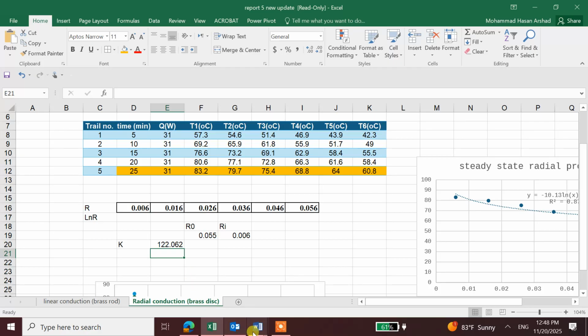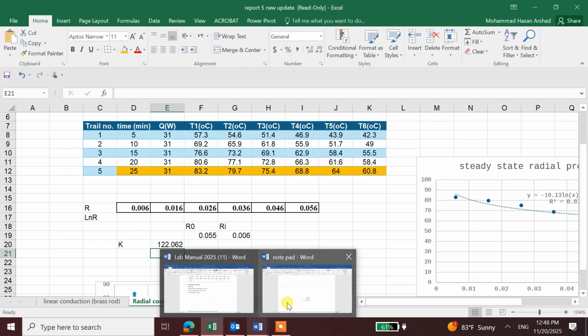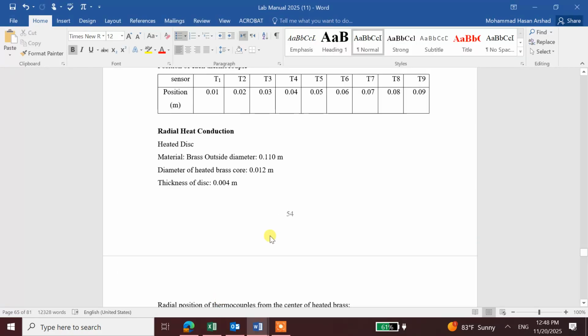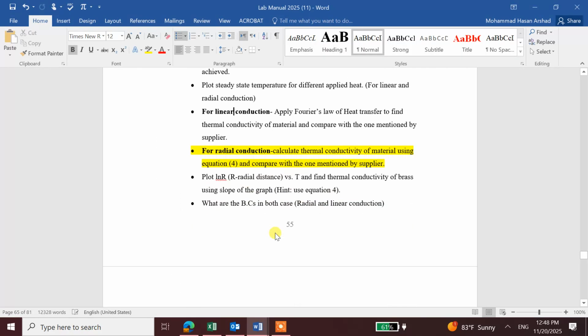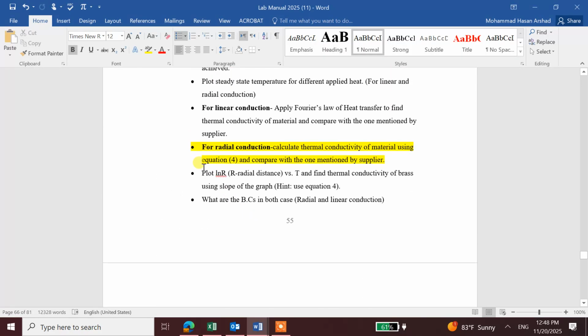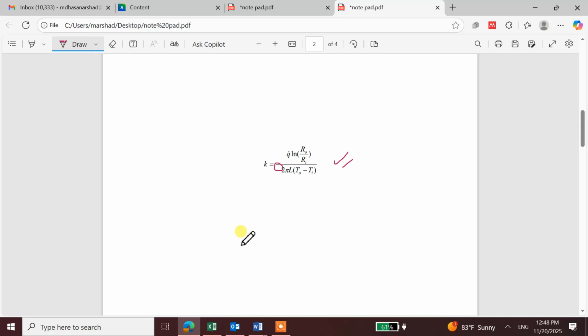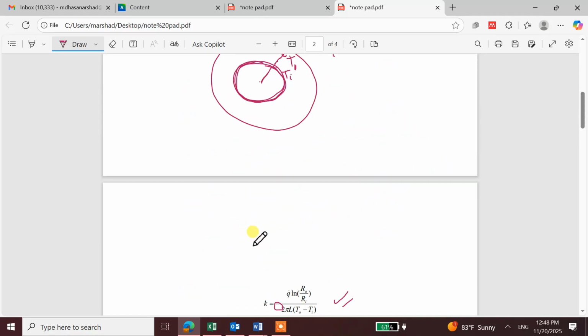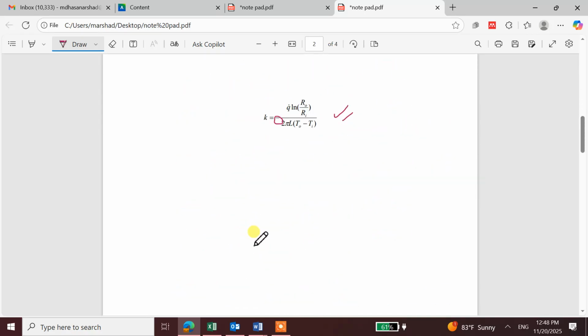This is one way. One more way is like this. What is being asked? Plot ln r versus T. So we linearize this equation.